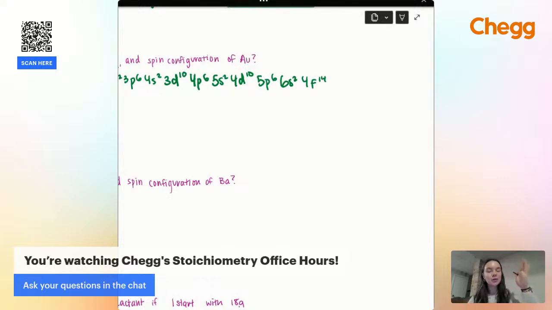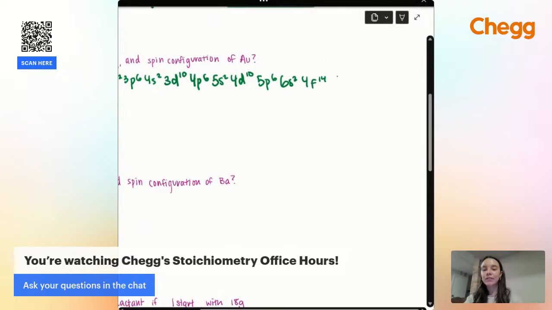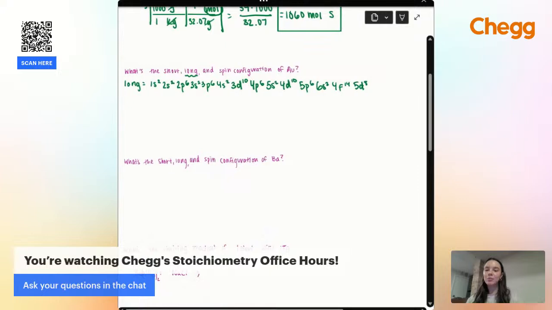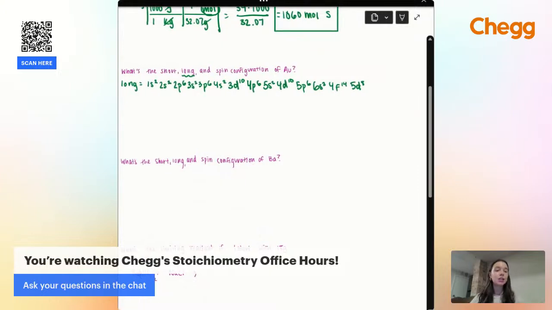We're in that d orbital that gold is present in. So we count. We have 1, 2, 3, 4, 5, 6, 7, 8. Au, gold, is the 8th electron, 8th element in that d orbital. So we put 5d8. And that big, long thing in green is our long electron configuration.